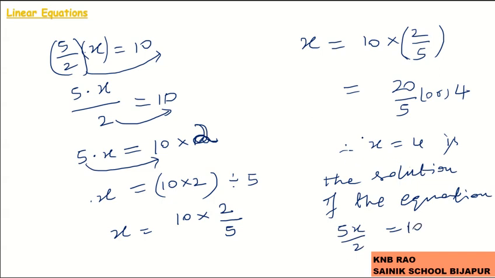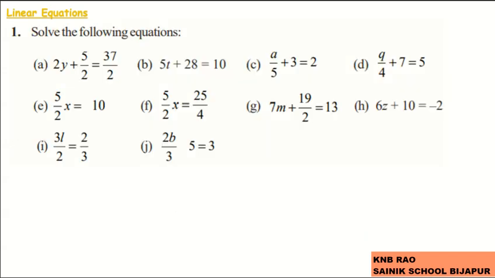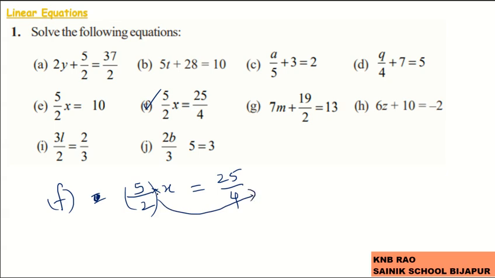So this is how we do conclusion. Now students, going to the next question. Here in the question F, I have 5 by 2 x equals 25 by 4, where this 5 by 2, which is a fraction multiplying here, if it comes this side, here it is a multiplicand, that is what we have to observe.